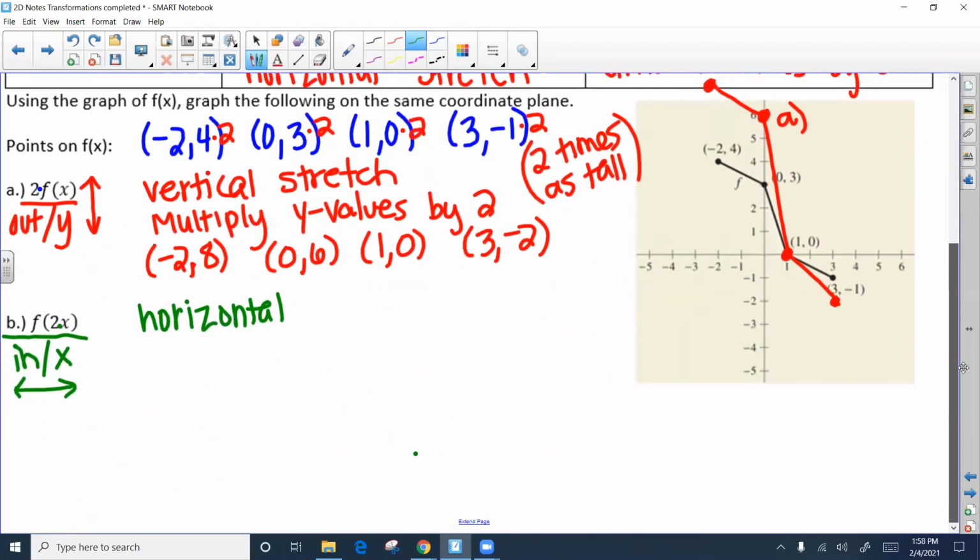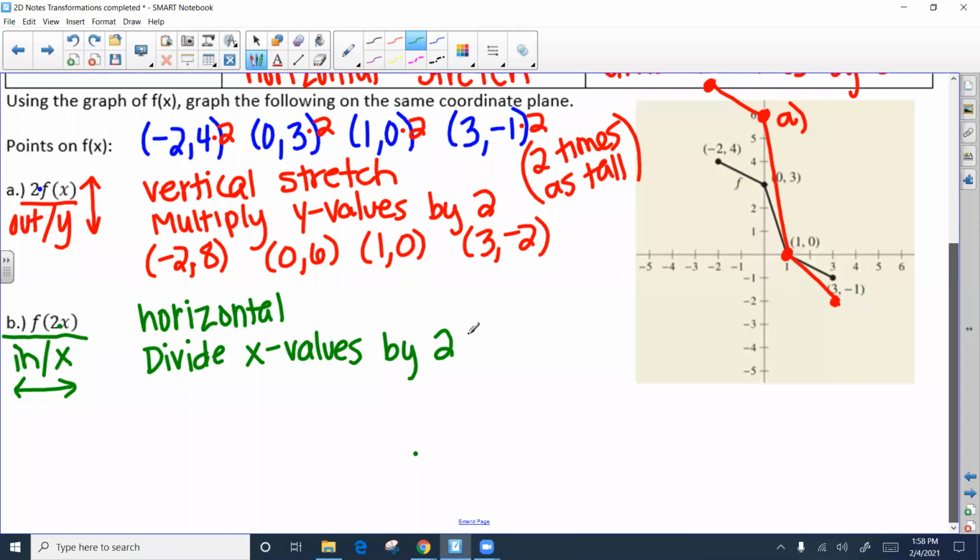Okay, so I already know it's horizontal. Now let's think of what operation we're going to do. Remember, when something is with the x, we actually do the opposite operation. This is x multiplied by 2, so the operation I'm going to do is divide the x values by 2.